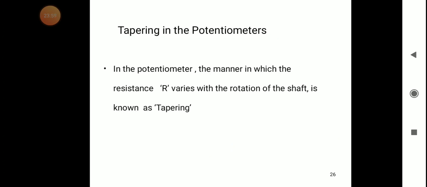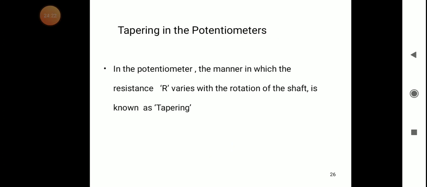So we already discussed the tapering in the potentiometer. What is tapering? Already I explained, in the potentiometer we have a movable contact. That contact is called the tap.